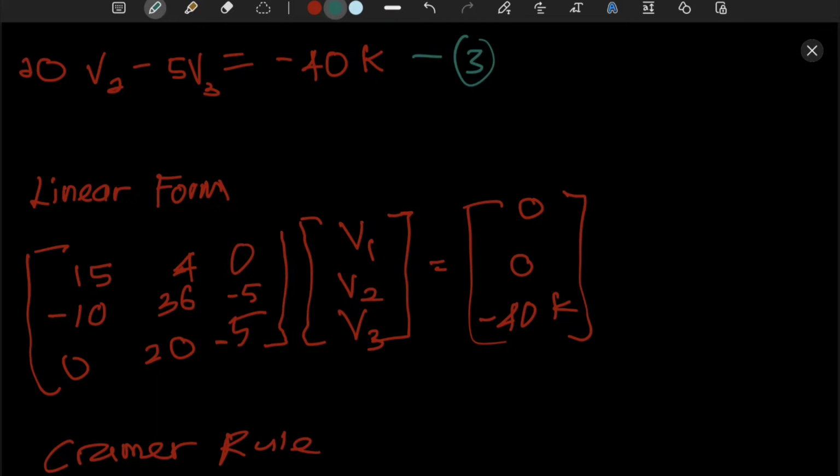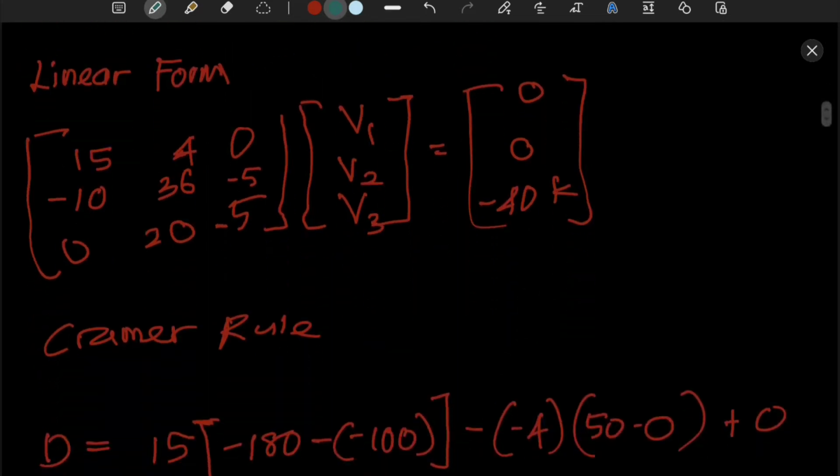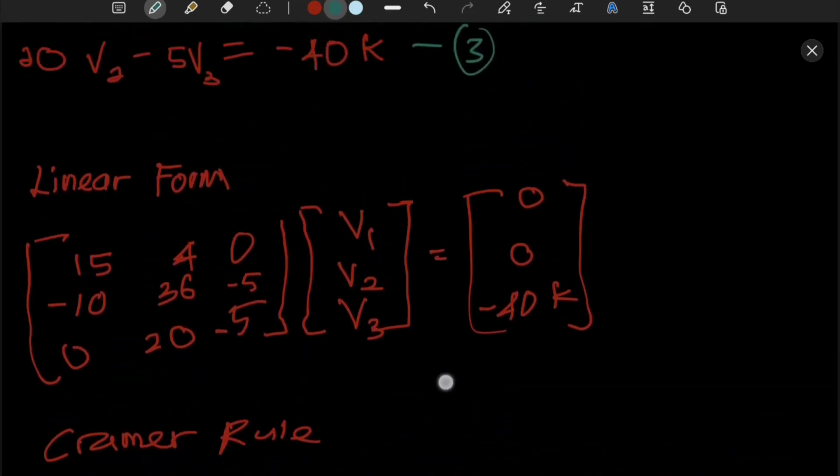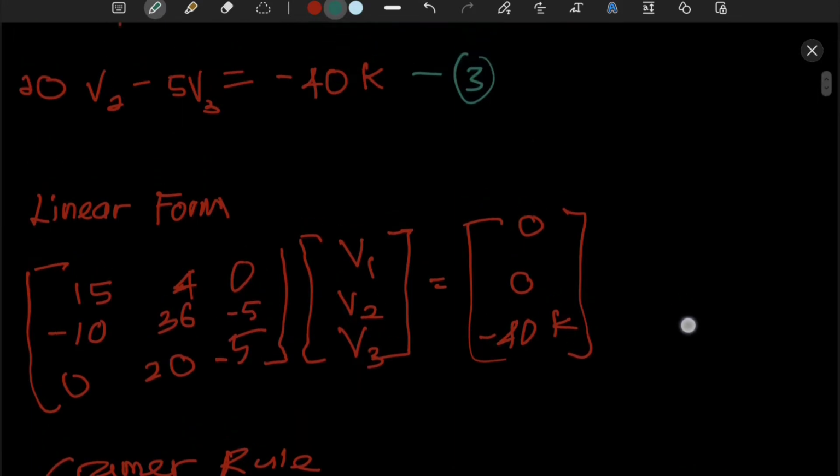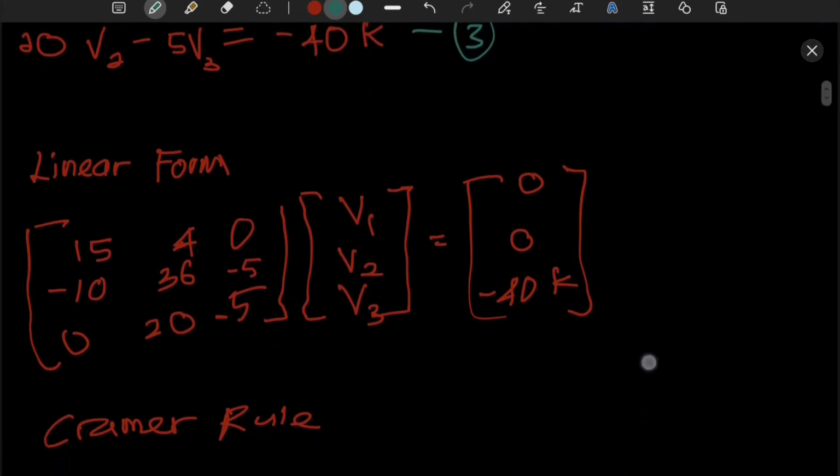From the system we will be using Cramer's rule. But before that, there is something that we need to know first.